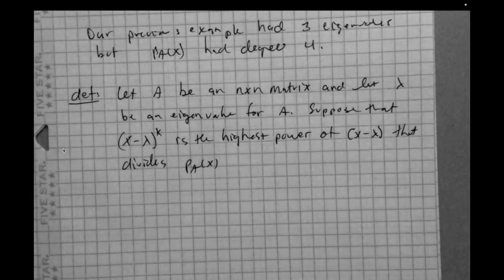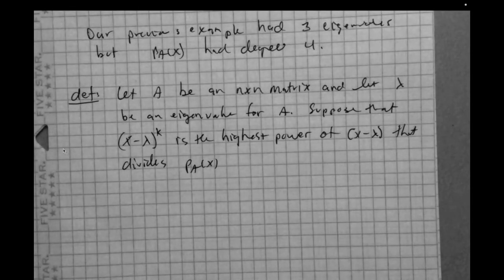So meaning it's a root. (x minus lambda) raised to the k would divide the polynomial, but if I went to k plus 1, it wouldn't. That's the idea. Basically, you've gathered all of those together. Okay.